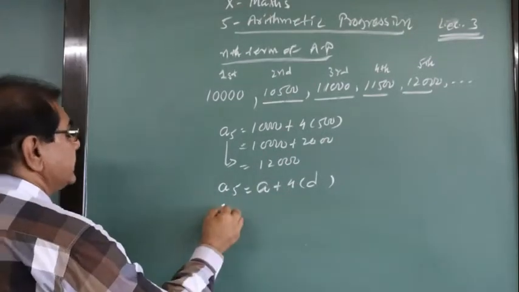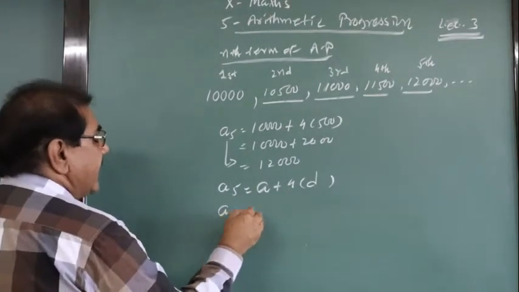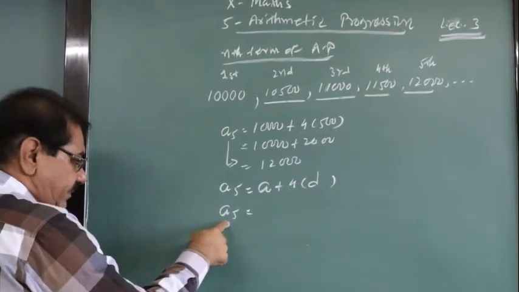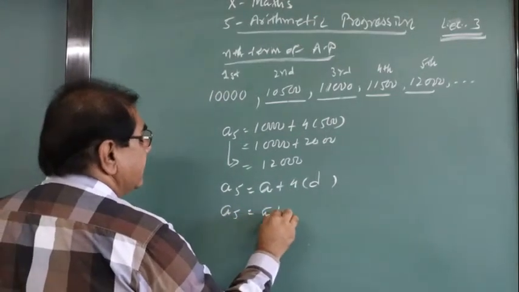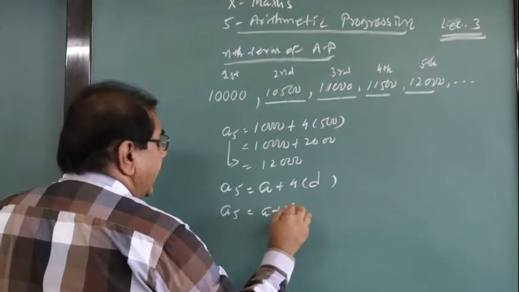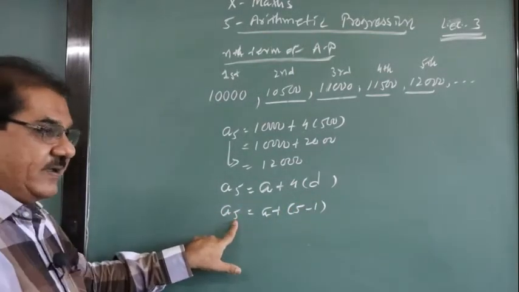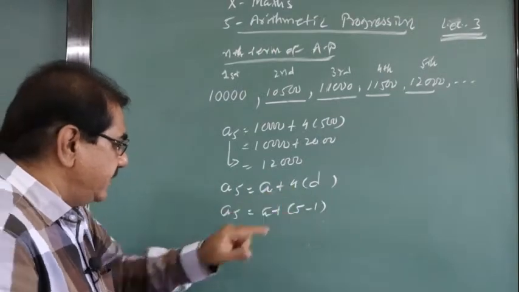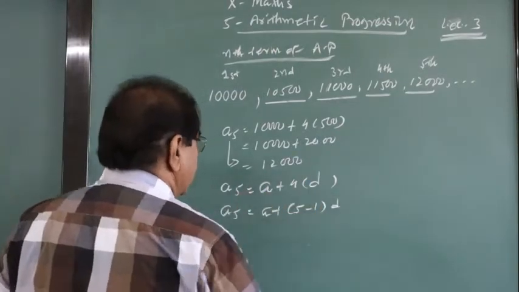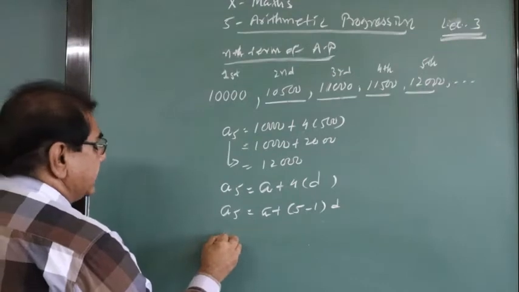But now for simplicity, as we are finding the fifth term, A5 is equal to A plus, for 5 I write 5 minus 1. Why? Because I am finding the fifth term. So 5 minus 1 is 4 into D. Suppose I am finding the 10th term.